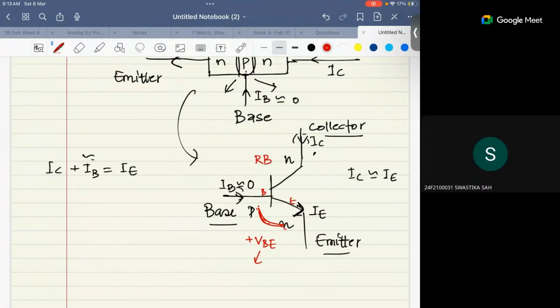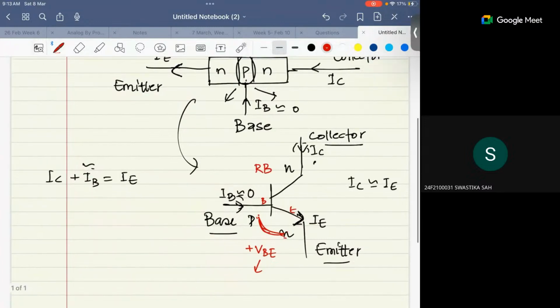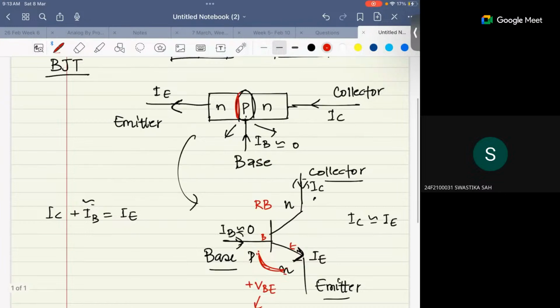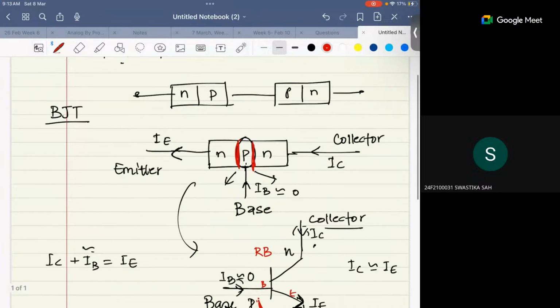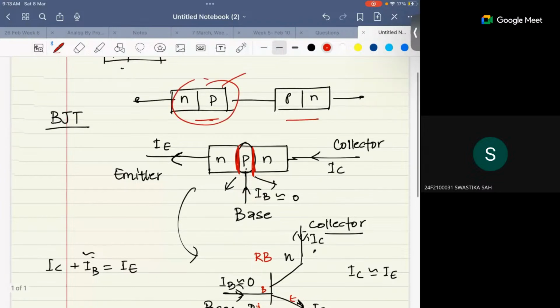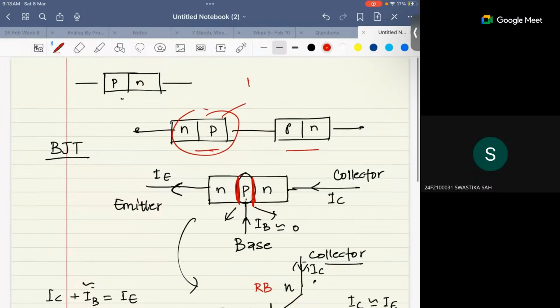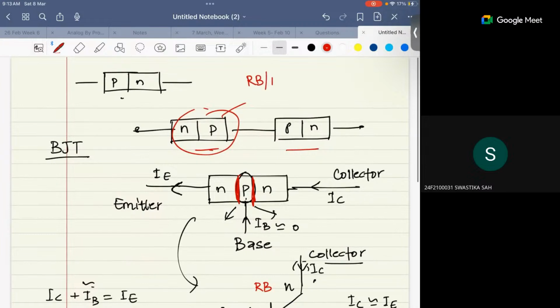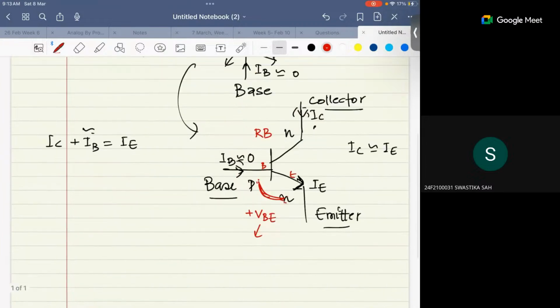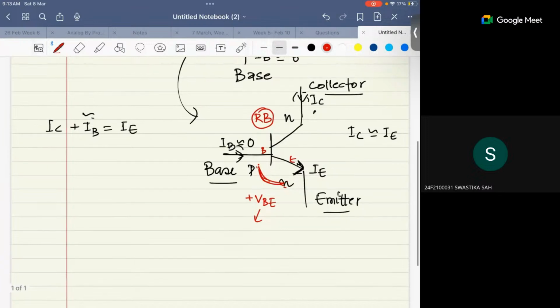So what happens in a BJT? This is one junction and this is the other junction. If you treat it like two diodes, each can be in reverse bias or forward bias, so there can be four combinations. The combination we are dealing with is that the collector base junction is reverse bias and the base emitter junction is forward bias.